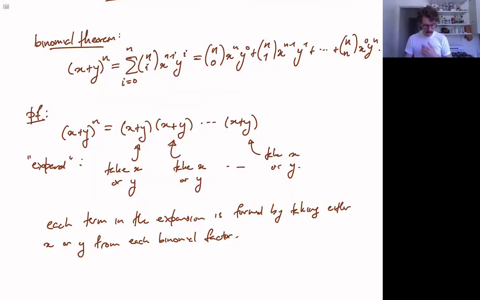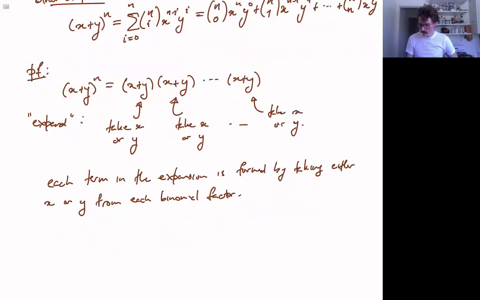So let's think about what the coefficient of x to the n minus i, y to the i is in this expansion. It is the number of times x to the n minus i times y to the i appears when we expand it all out.